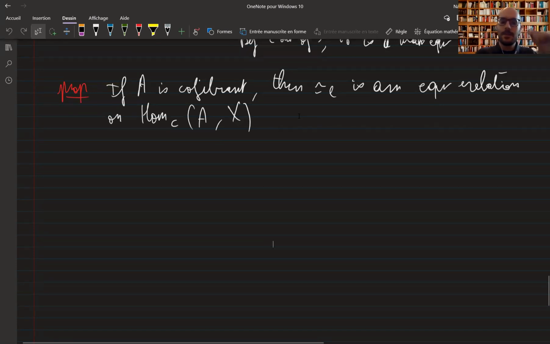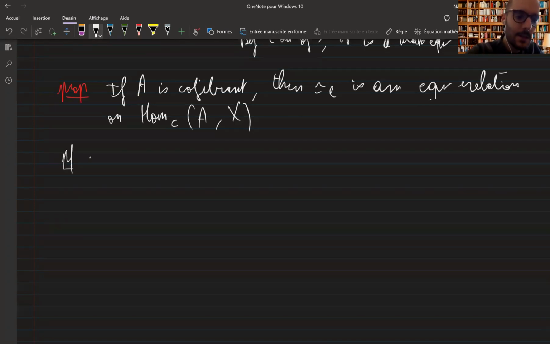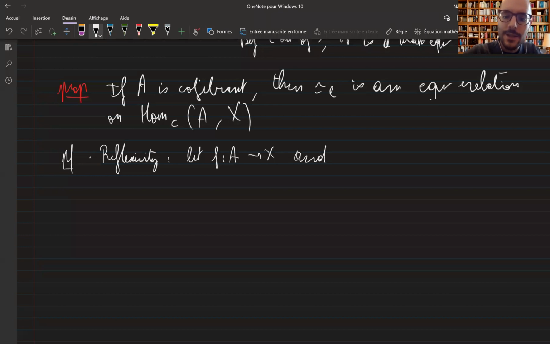All right, so let's check that this relation is an equivalence relation. The only difficult part will be to check transitivity. Reflexivity and symmetry are easy. So reflexivity. Let F go from A to X and take any cylinder like this.